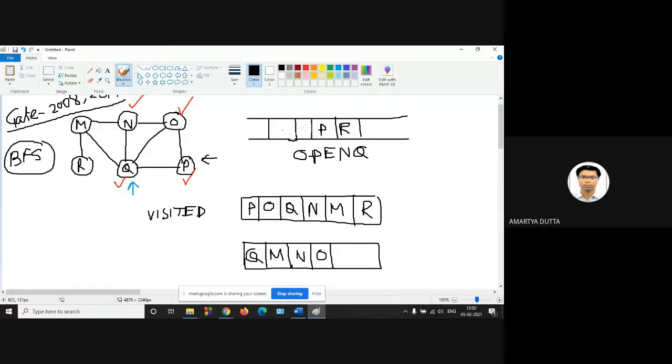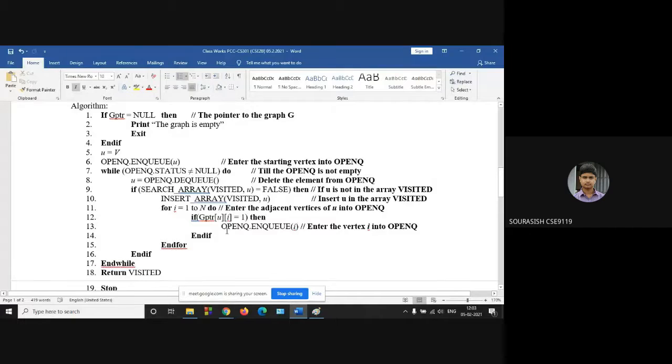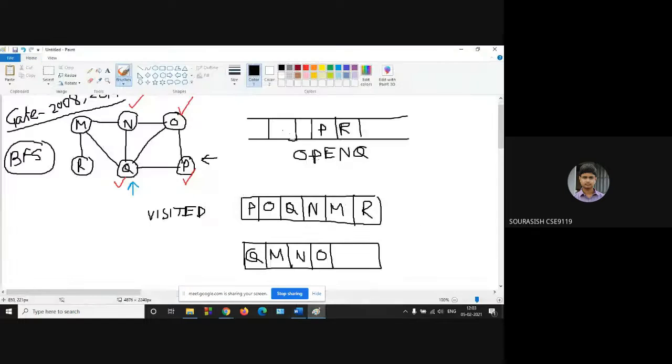When we are considering O, in the condition if GPTR of UI equals to 1, there I think P will be inserted in OpenQ one more time because it's not in visited.